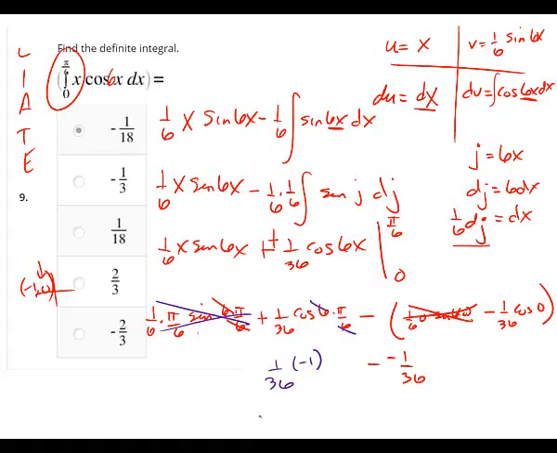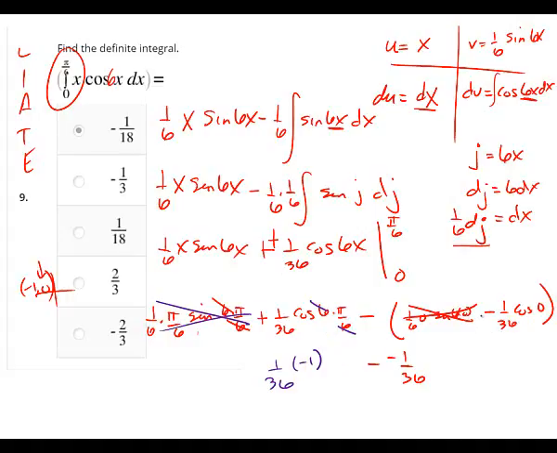So let's see, am I on the right track here? There's a sign mistake somewhere. It should be negative 2/36, but I'm not showing that because I've got a double negative here. What happened? Because cosine of 0 is just 1.